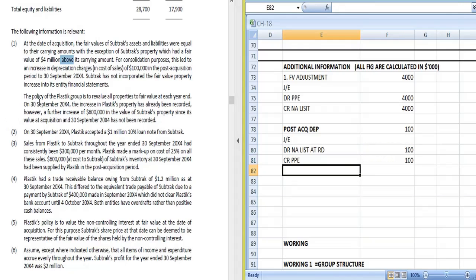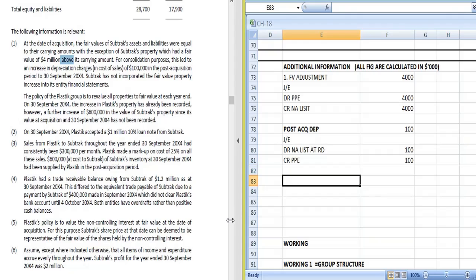Okay, so next what the question is saying, the policy of plastic group is to revalue all property to the fair value at the each year end. So on 30 September 2004, the increase in plastic property has already been recorded. However, the further increase in 600,000 in the value of subtract property since its value at acquisition and 30 September 2004 has not been recorded.